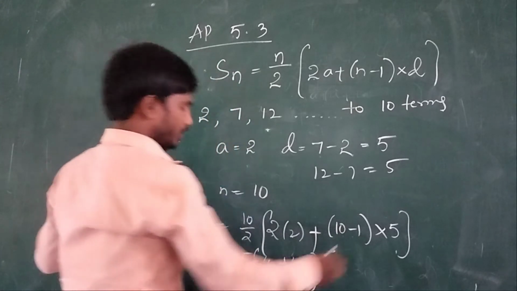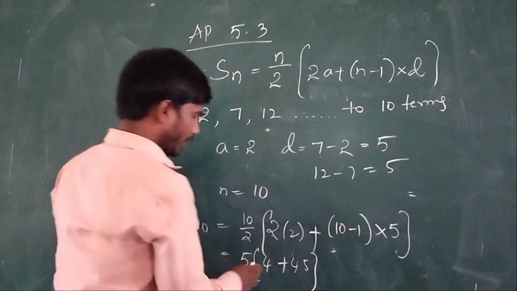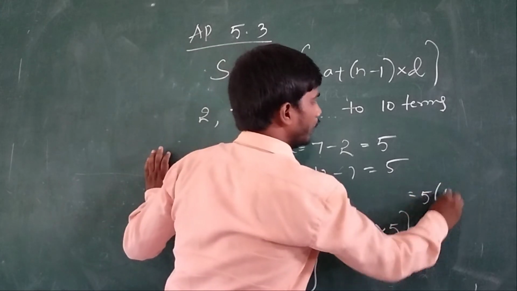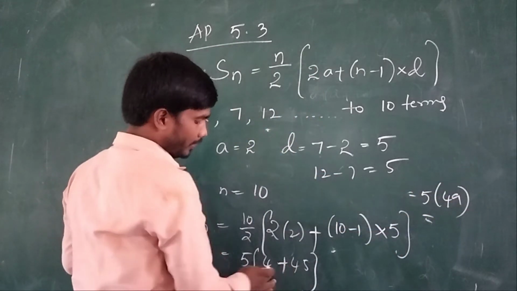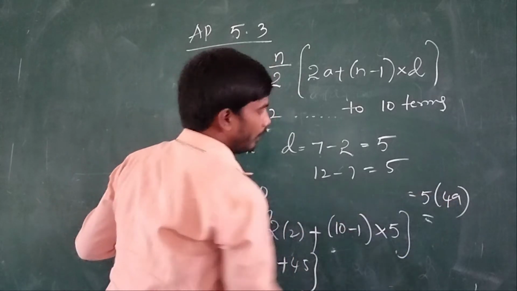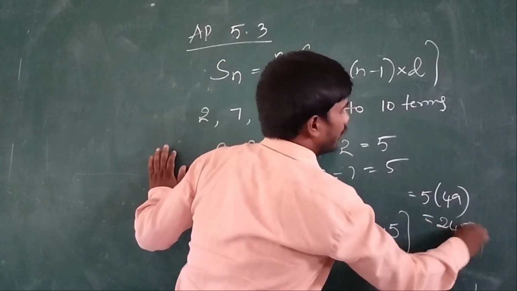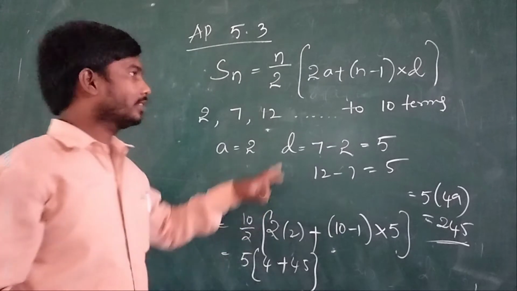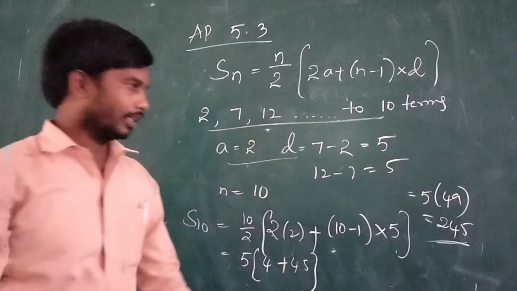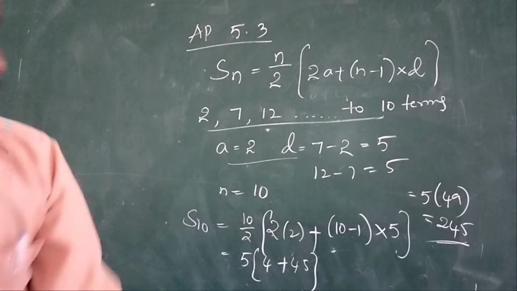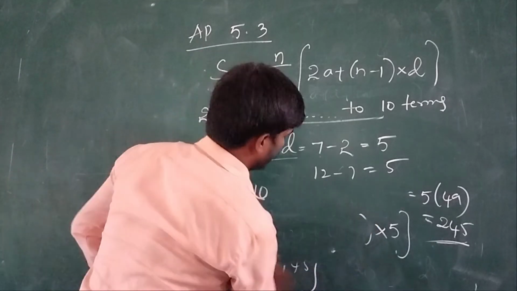So 5 into 49. 45 plus 4 is 49. So 49 into 5 is 245. So the sum of the first 10 terms in this series is 245.